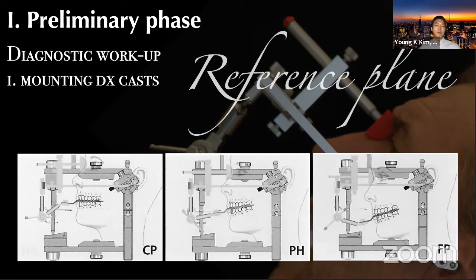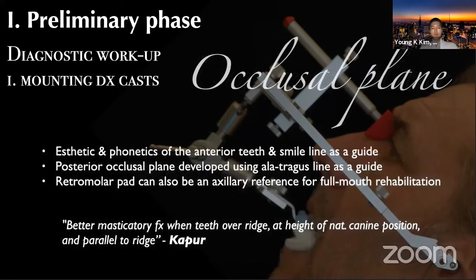We may not necessarily apply this to our patient treatment, but knowing this type of foundation, you know how the articulator works and where the reference plane is coming from. It's a critical piece of information. And the occlusal plane, how do we decide the occlusal plane? We mount the cast, we reference planes, we properly articulate on our articulators, whether digital or conventional, and you decide the aesthetics and phonetics from the anterior teeth and the smile line as a guidance.